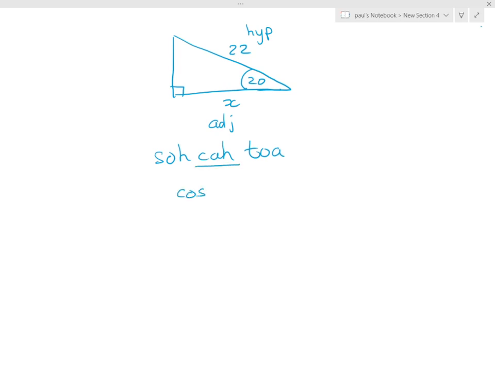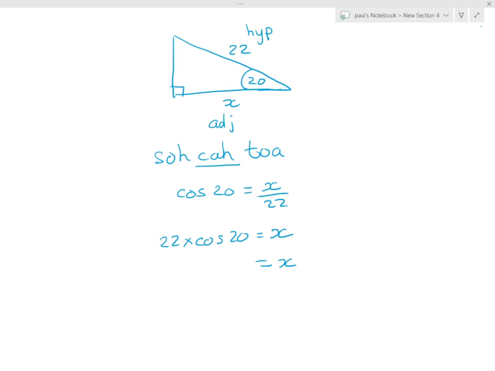So cos 20 equals adjacent, which is x, over hypotenuse, which is 22. So 22 times cos 20 equals x. So x will equal, let's do that.